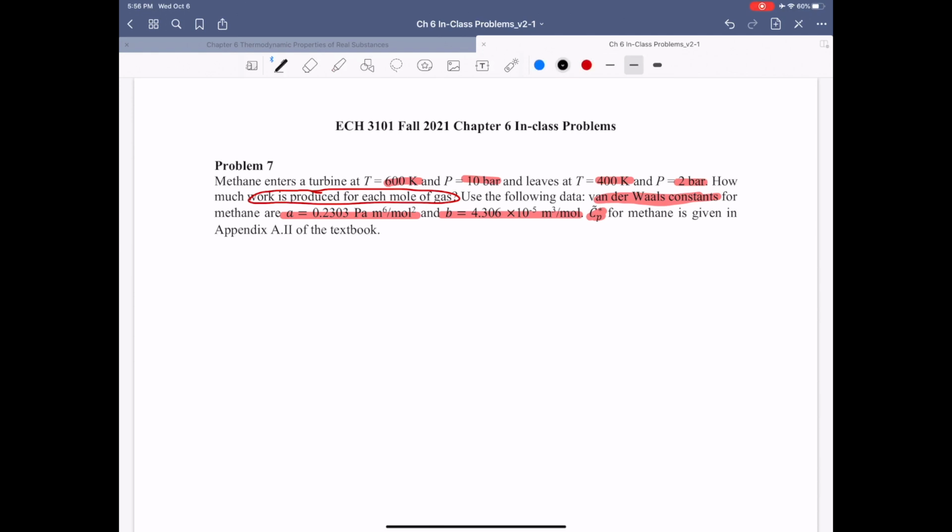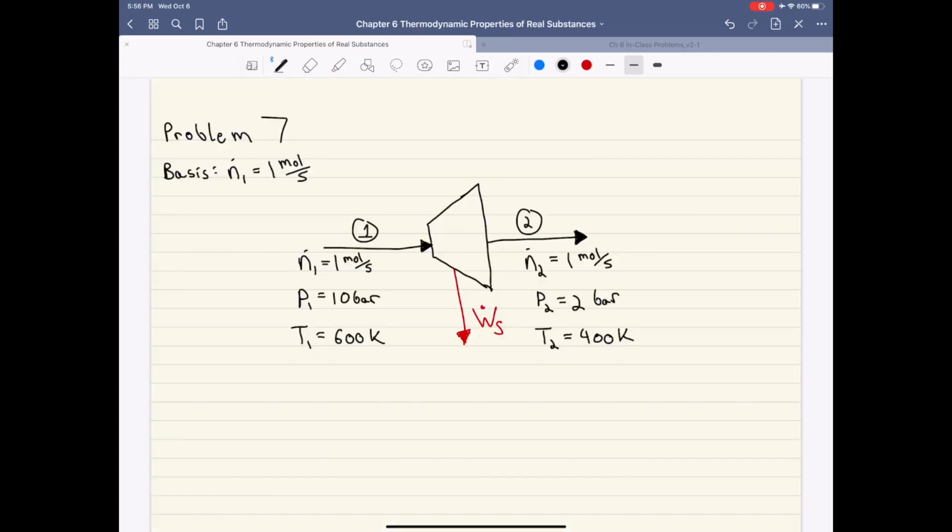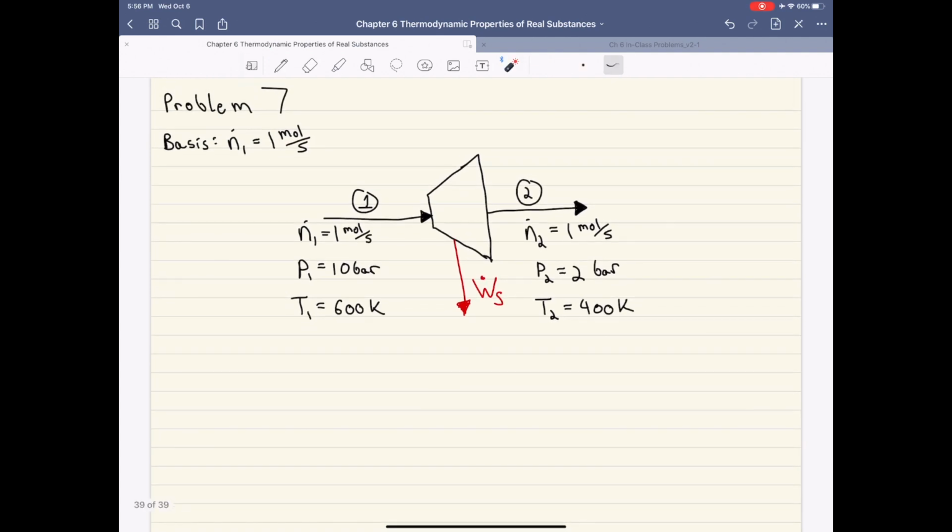Okay, based on this problem statement, we could sketch out a turbine flow diagram that looks like this, where our basis is 1 mole per second, and for our inlet stream, we're given pressure and temperature, and our outlet stream, we're also given pressure and temperature as well. And I went ahead and did the material balance to show that the molar flow rate going in is the same as the molar flow rate going out.